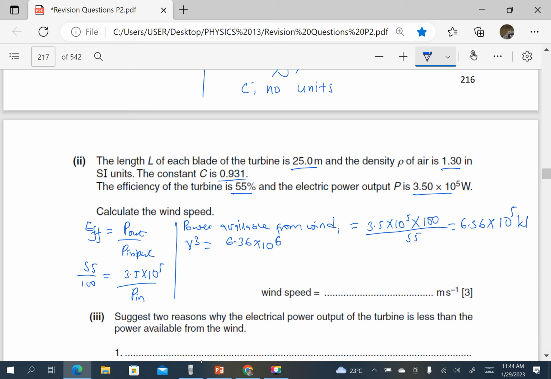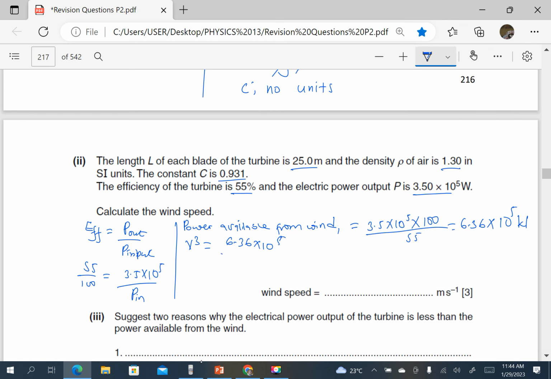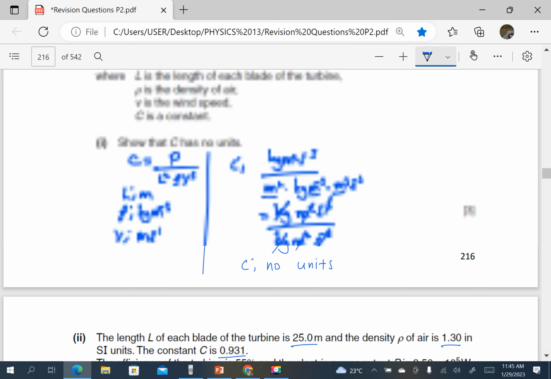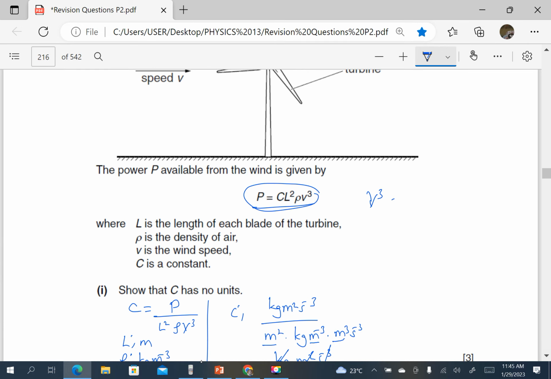It is power 5. Divided by, I'm making V cubed the subject in the formula above. They gave us V cubed is equal to P divided by C L squared rho.